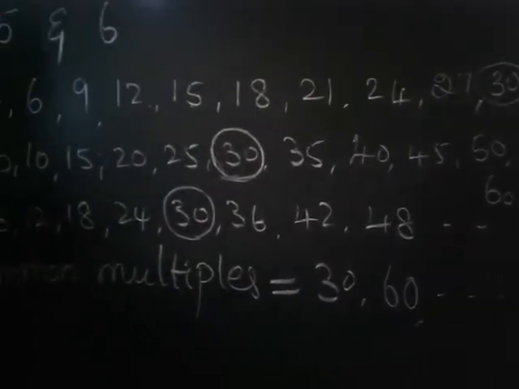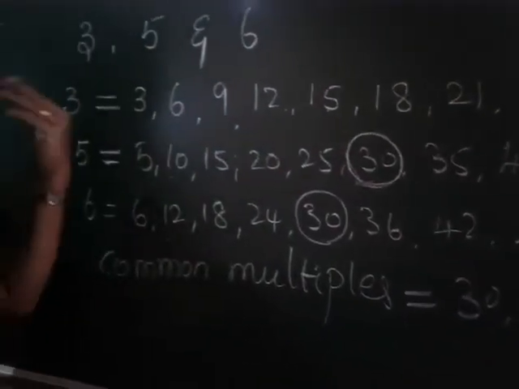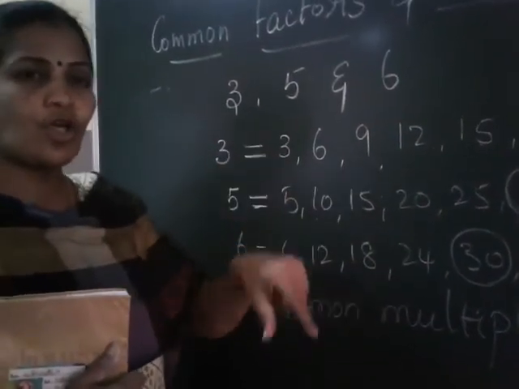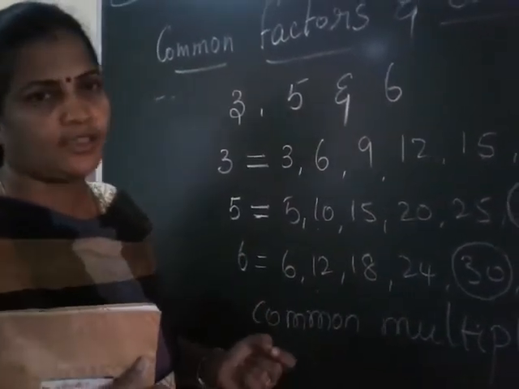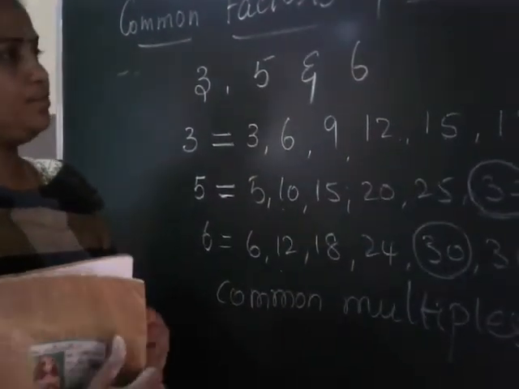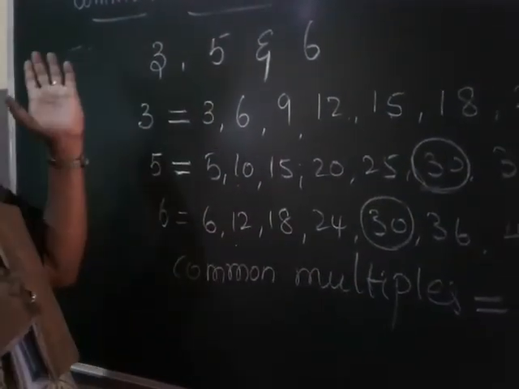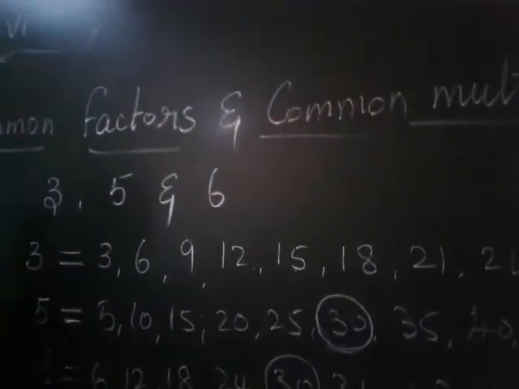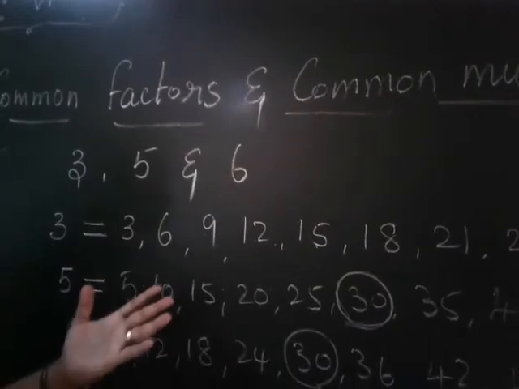How can you take the common multiples? For such big numbers, there is one more new method, the prime factorization method. This is the listing factors method and listing multiples method. So now you understood, children, how to write the factors and multiples.